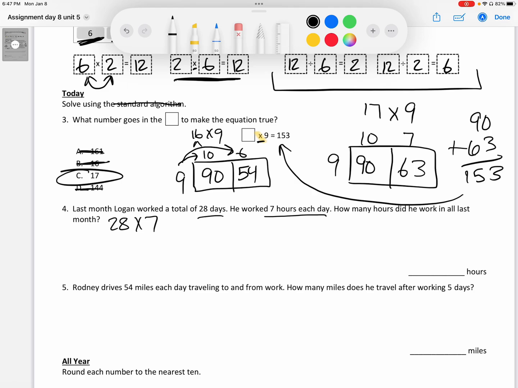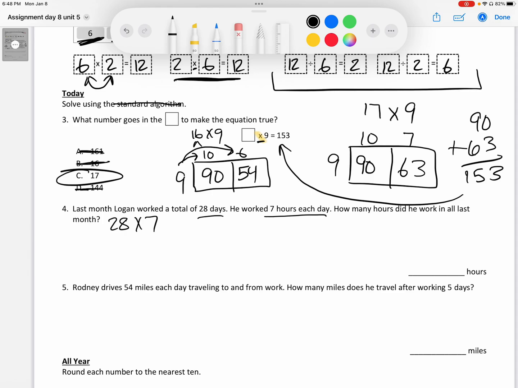And for this one, I think what we will do is use the partial products method or model to solve this. Partial products is the second strategy that we learned, and it comes right before the standard algorithm. So it kind of transitions us, or helps us transition, from the area model to the standard algorithm.